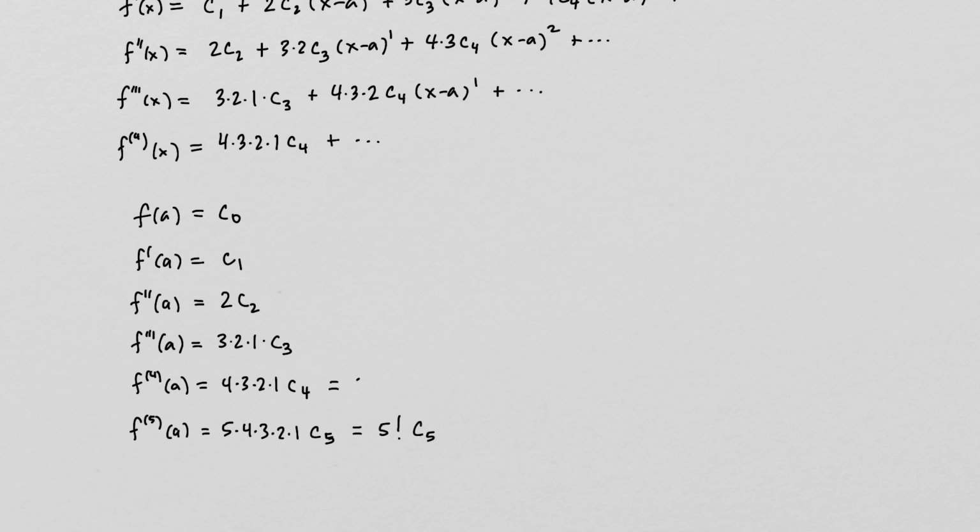And the previous one can be written as 4 factorial times c4. This one can be written as 3 factorial times c3. Here, 2 factorial times c2. 1 factorial times c1, and the first one here can actually be written as 0 factorial times c0, and this is because 0 factorial is defined to be 1.